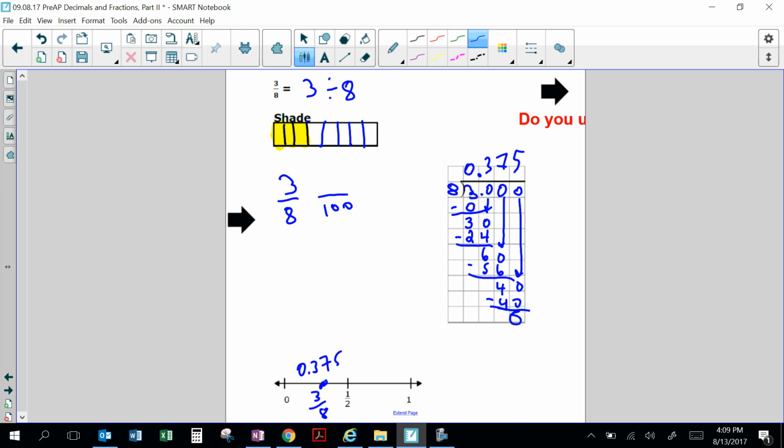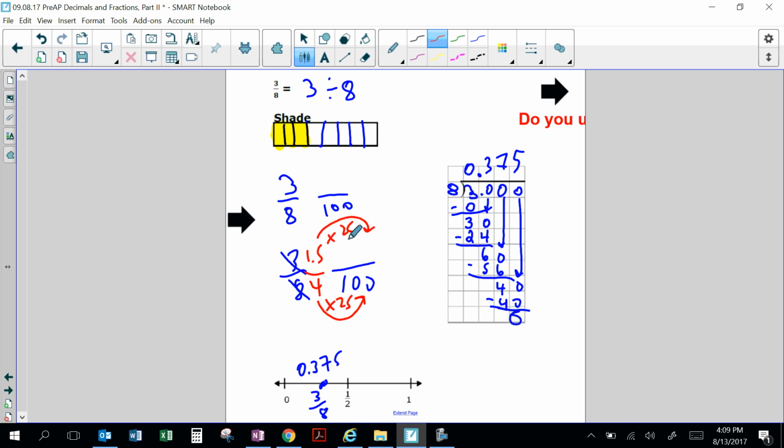But let's think about 3/8. There is a shortcut here. Some of you may prefer this shortcut after we learn how to multiply decimals. Okay, 8 goes into 100? It cannot. But what if we simplify this and divide both numbers by 2? That would be 1.5 over 4. Can 4 go into 100? 25 times.